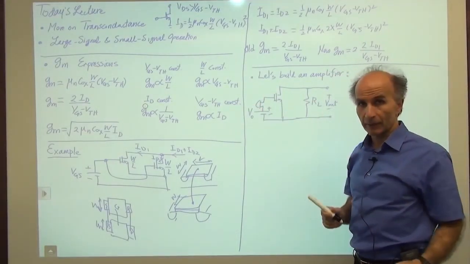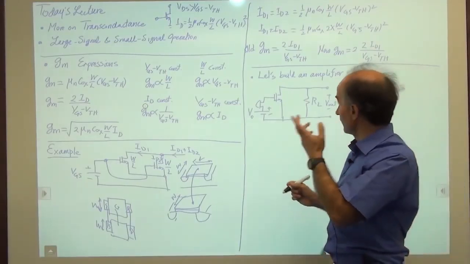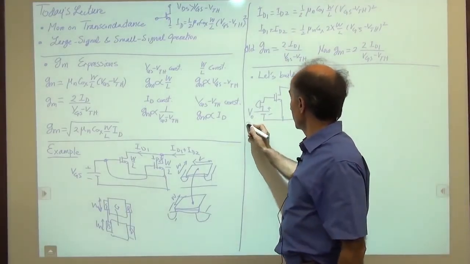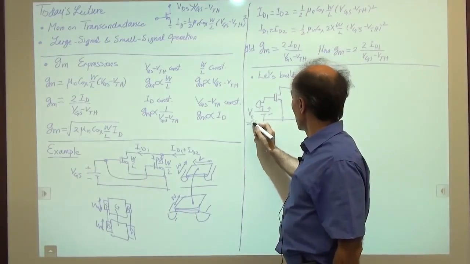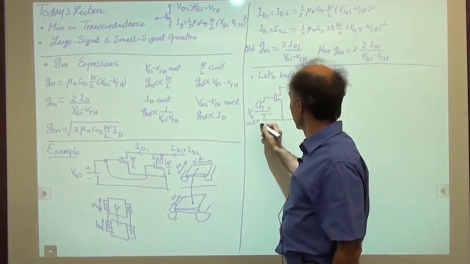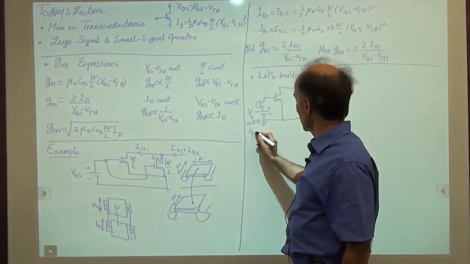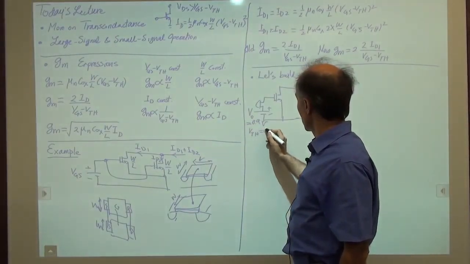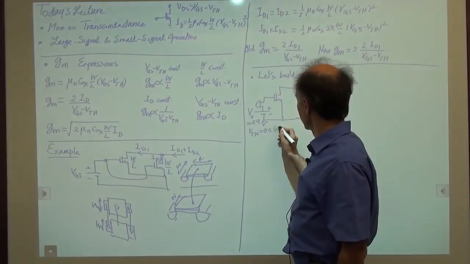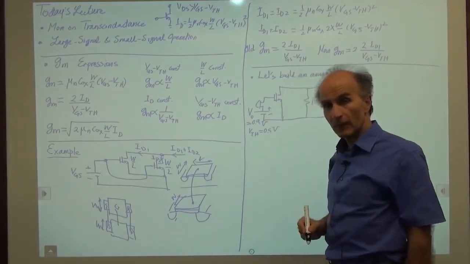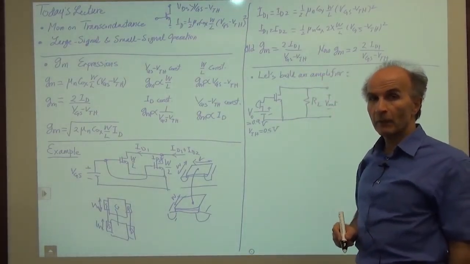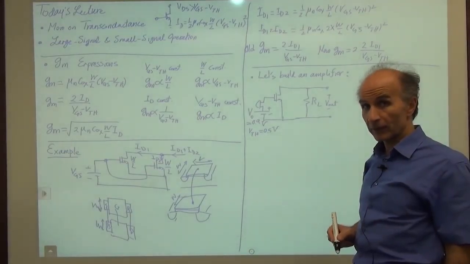Okay, so that's some amount. So let's just give numbers here. So let's say V0 is, I don't know, 0.9 volts. And let's say VTH is 0.5 volts. Okay? So what is the minimum amount of VDS that we can tolerate?